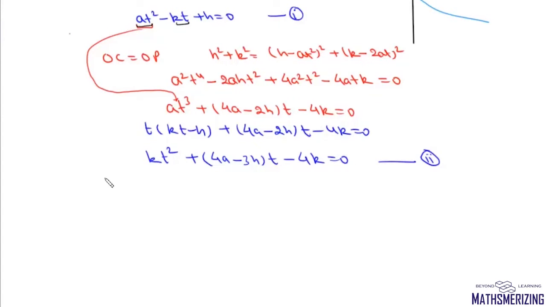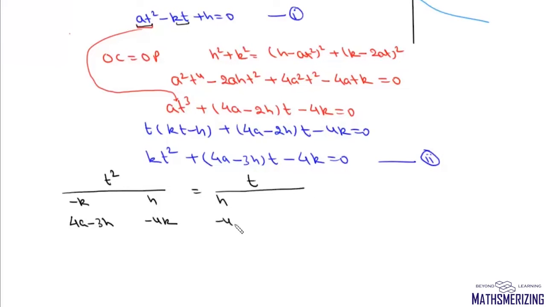We can write t square, and this is b1 b2, so it'll be minus k, and here it is 4a minus 3h, and then c1 c2, it will be h and minus 4k, then h and minus 4k, and here it will be a and k, and first it will be ak, and then it will be minus k, 4a minus 3h.